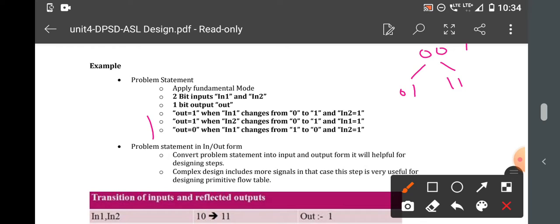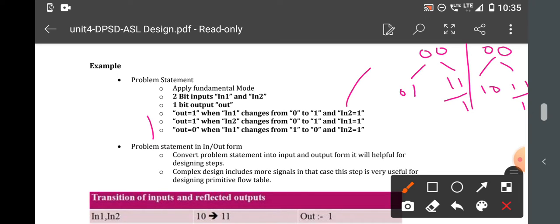In the second condition, the first input is made 1, and the second input can be either 0 or 1. If it is moving from 0 to 1, the output changes to 1. This is how we represent the conditions.